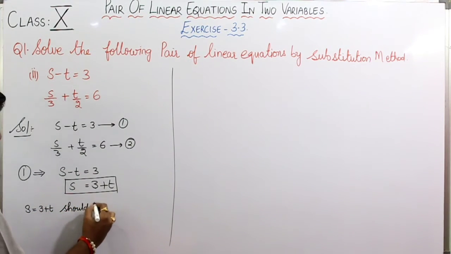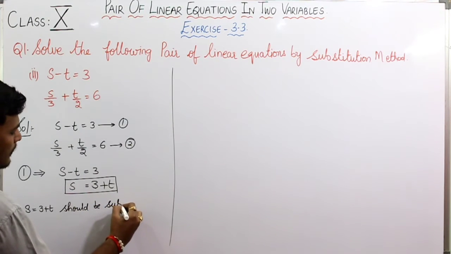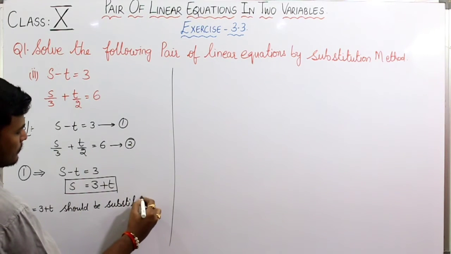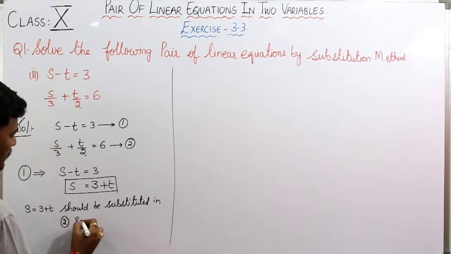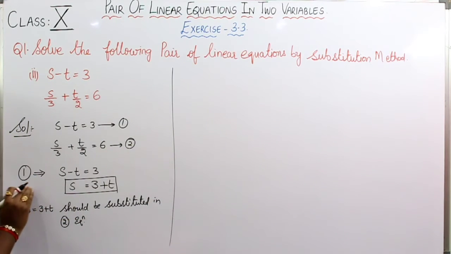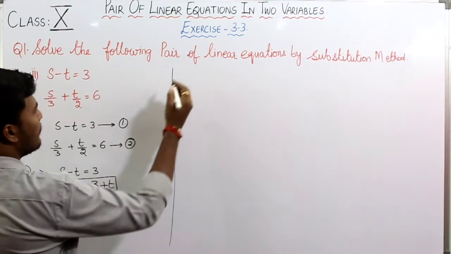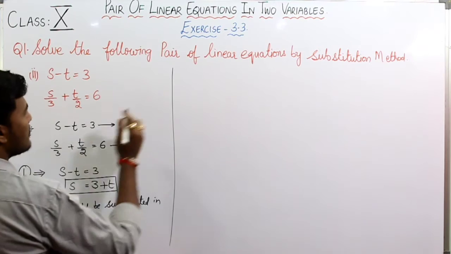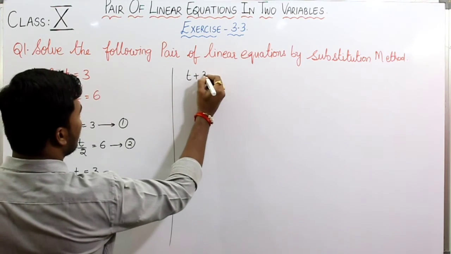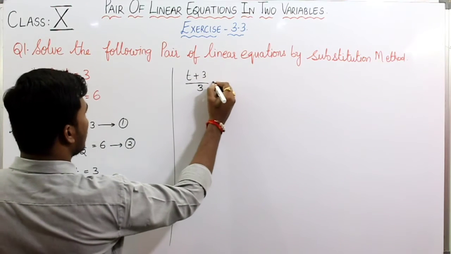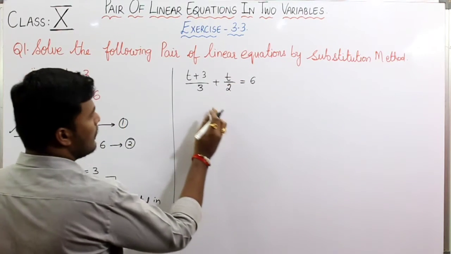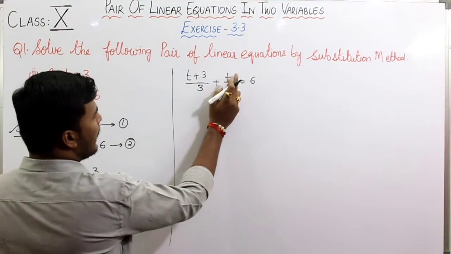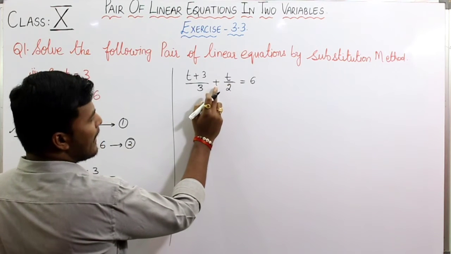Now s is equal to 3 plus t should be substituted in the second equation. Why the second equation? Because we have considered the first equation. So now in the place of s, I am writing t plus 3, by 3 plus t by 2 is equal to 6. Again a by b, in between I have a plus.